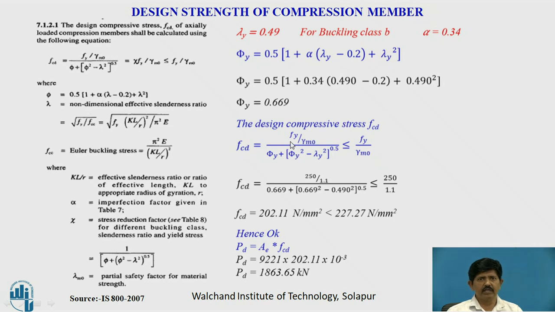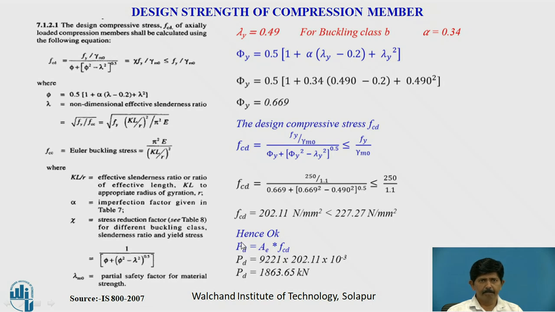Putting all the values, Fy is 250, gamma m0 is 1.1, phi y is 0.669 and lambda y is 0.49. We get Fcd equals 202.11 Newton per mm square, which is less than Fy upon gamma m0, 227.27, hence it satisfies the condition.